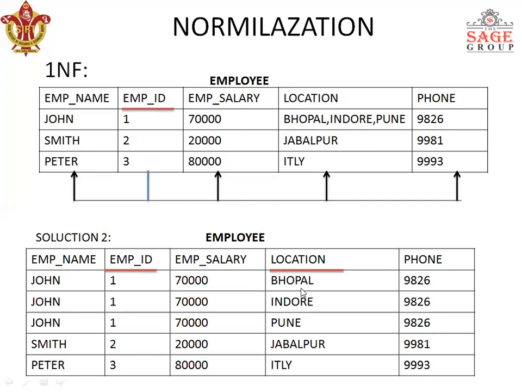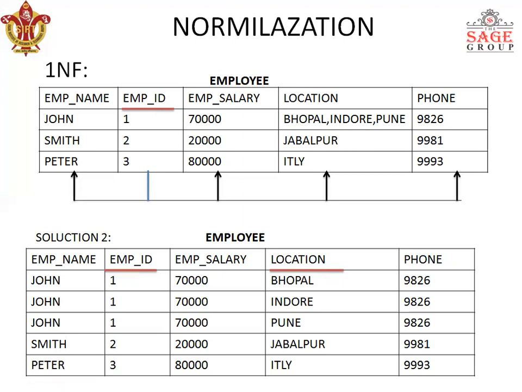Each cell stores only one value: Bhopal, Indore, Pune. By default, this employee ID is a primary key, so we cannot do this whenever we want to break down a single row into multiple rows, because this value is repeated. That's why in that solution also we need to take this attribute and this attribute, the combination of 2 attributes, that is a super key. It will work exactly like a primary key.